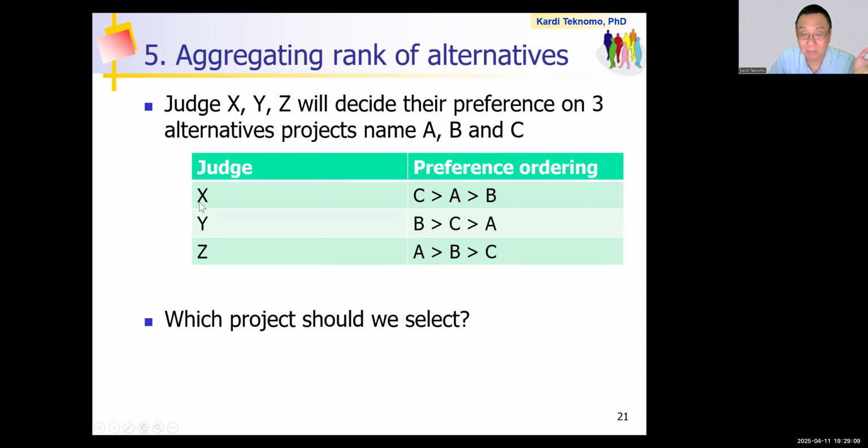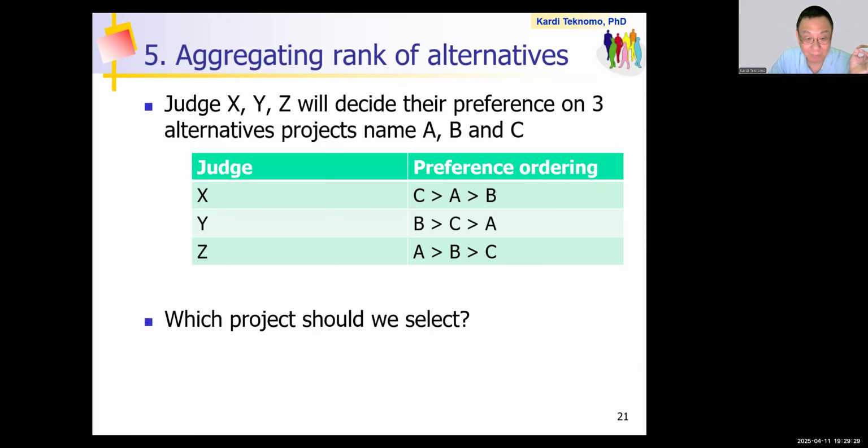Judge X prefers C, then A, then B. Judge Y prefers B, then C, then A. Judge Z prefers A, then B, then C. So how are we going to select?